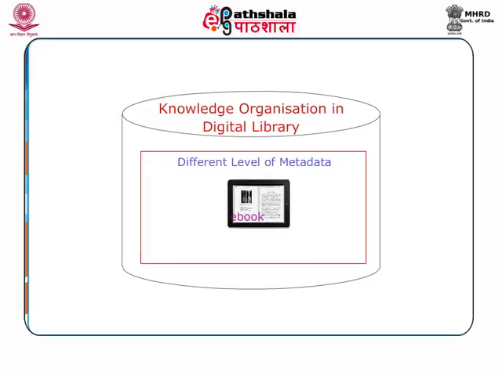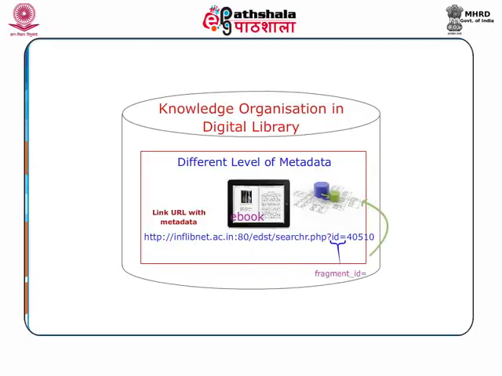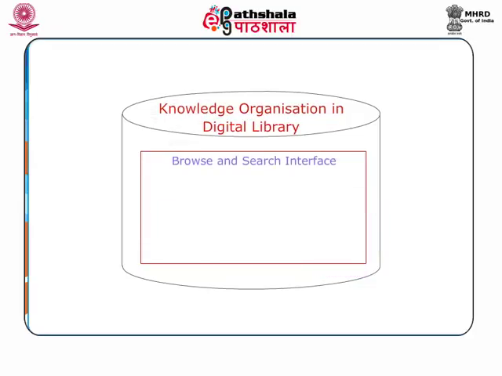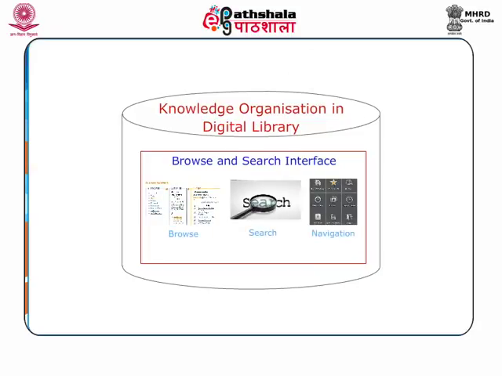The process of organizing digital objects includes assigning different kinds and levels of metadata to each digital object, assigning unique object identifiers to each digital object, linking digital objects with associated metadata to facilitate their browsing and searching, organizing digital objects and associated metadata into a database, and building browse, search and navigation interfaces.